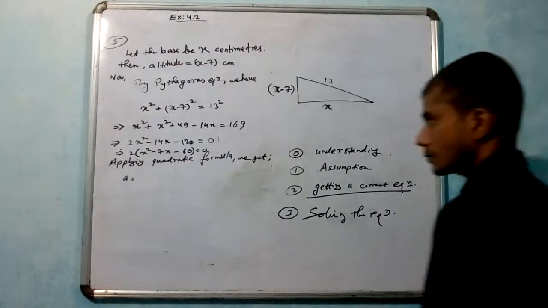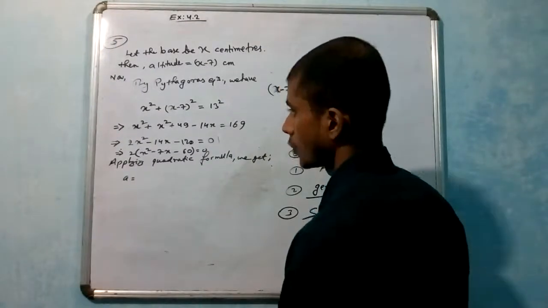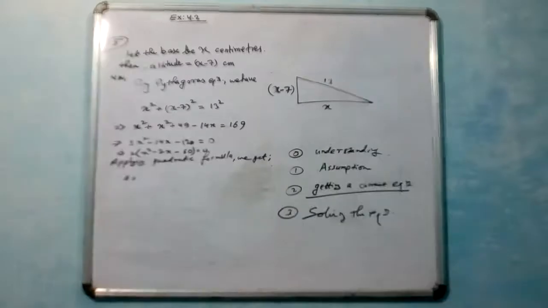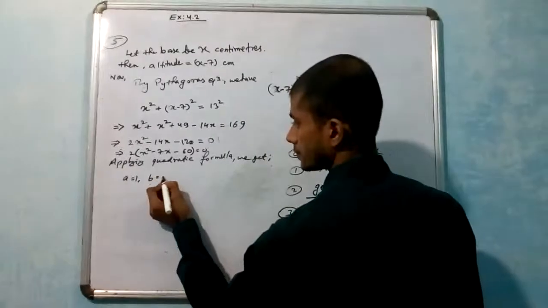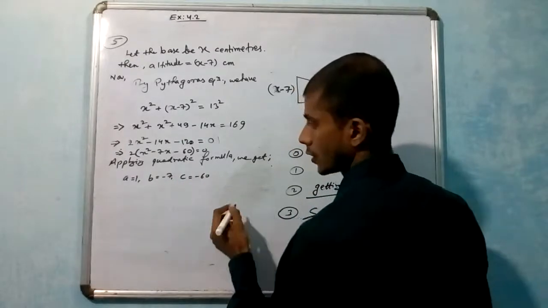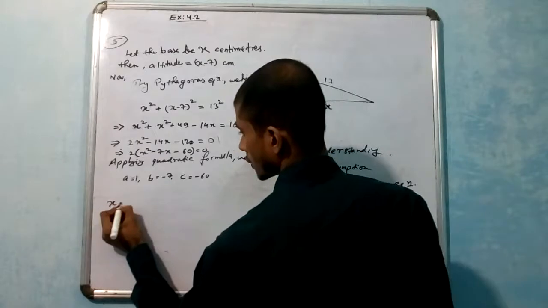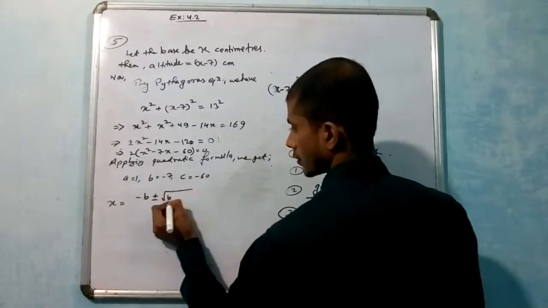A is not x square. A, the coefficient of x square, is 1. B, C. Okay, so x is equal to minus b plus minus root of b square minus 4ac, by 2a, no?